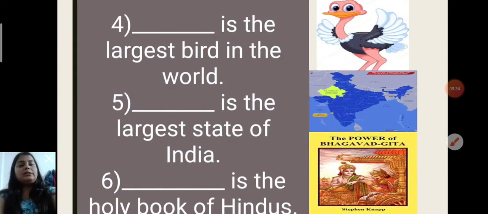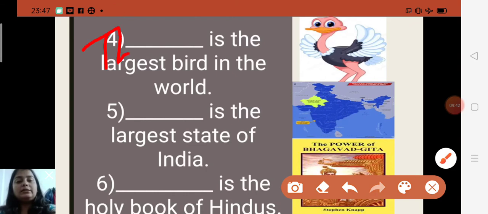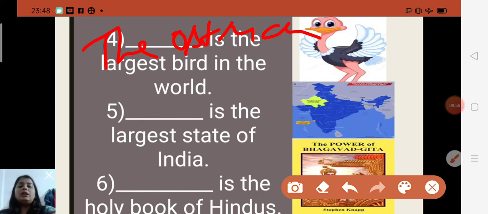Okay children, now let's see the next. Dash is the largest bird in the world. So what do we all have to say? You all will say the ostrich. Ostrich is the largest bird in the world.